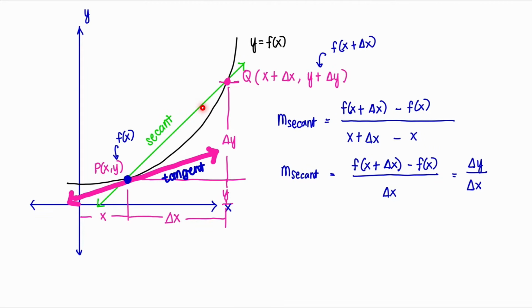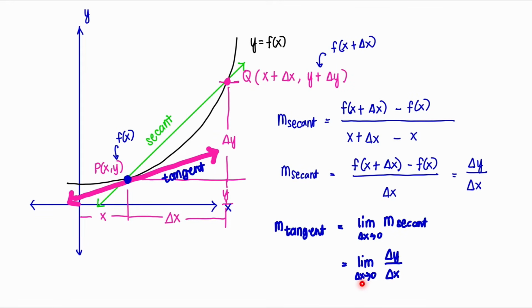But since we know that the limiting position of the secant line is that of the tangent line, therefore the slope of the tangent line is just equal to the limit of the slope of the secant line when delta x approaches 0, or that is the limit of delta y over delta x as delta x approaches 0.